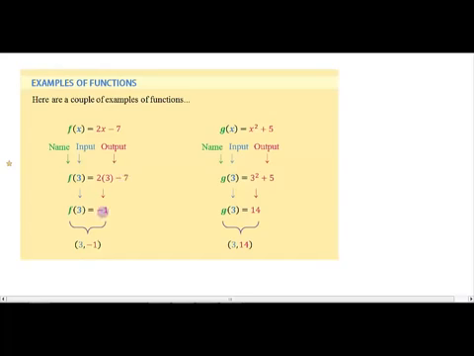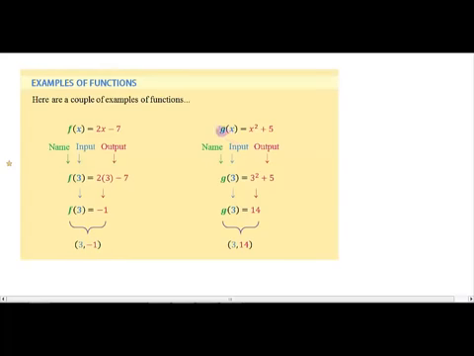When we simplify that, we get negative 1. So you see here that the x has been replaced with 3, and the thing that comes out is the y. Remember, f of x equals y. So this is the x, this is the y. We can see here in this function notation, we actually have the coordinate 3, negative 1.